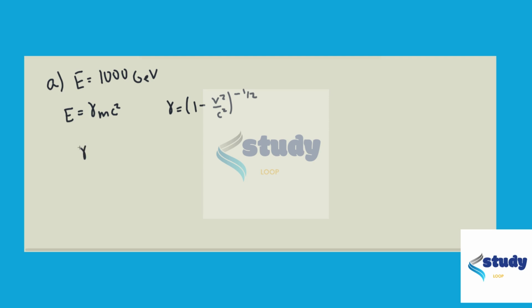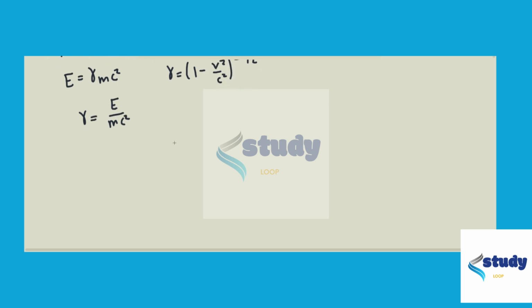So we can solve for gamma first. Gamma is going to be equal to the energy over mc squared. We should keep this in mind because we will need it later.